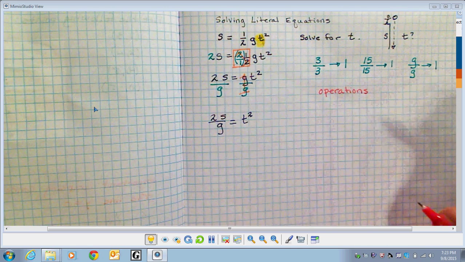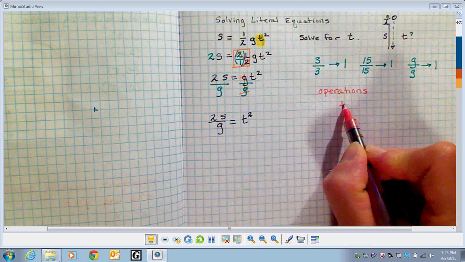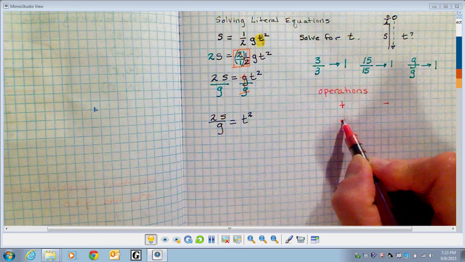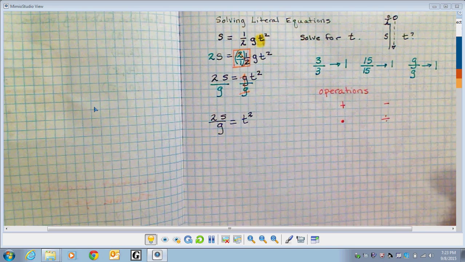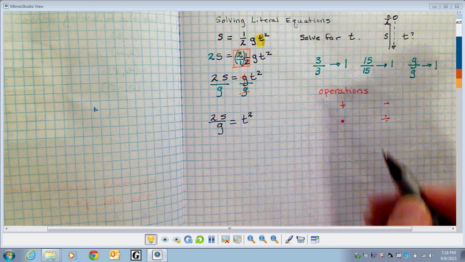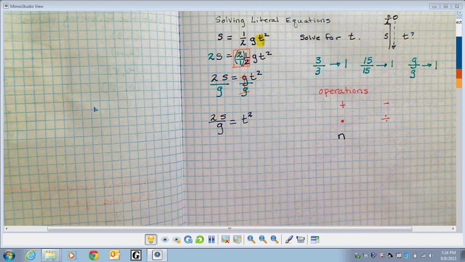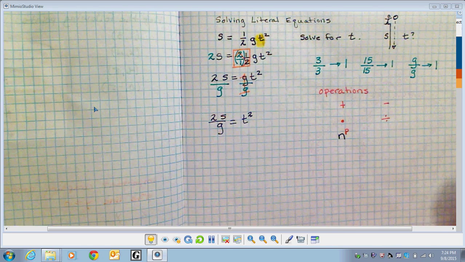So what are operations? Well, if we think of operations, we think of things like adding, subtracting, multiplying, dividing. And then we have this thing called exponents, which I'm going to write as some number raised to a, I'm going to use p for power.